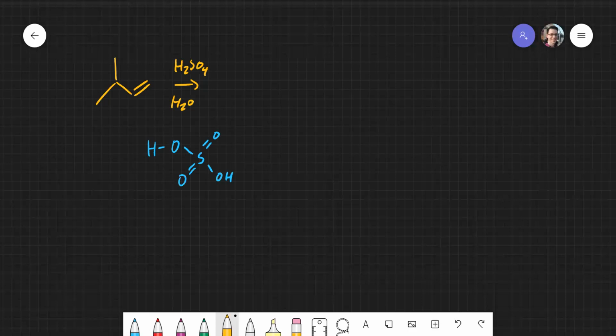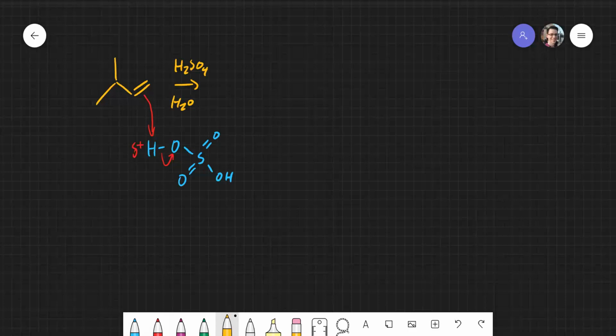Okay, but our double bond here is going to attack our partially positive or electrophilic hydrogen. And when it does that, hydrogen gets kicked off of the oxygen. So there's our first part of this reaction.